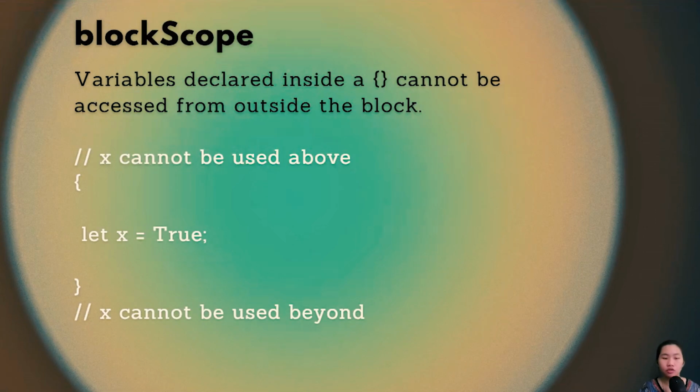Moving on to block scope. What exactly is block scope? So block scope refers to the accessibility of variables. In this case, a variable declared inside of a curly bracket cannot be accessed from outside of the curly bracket.